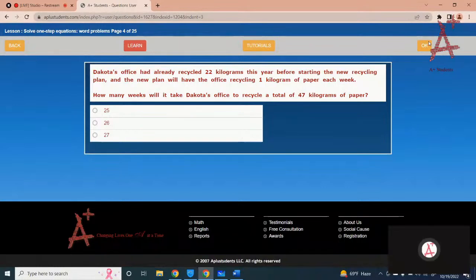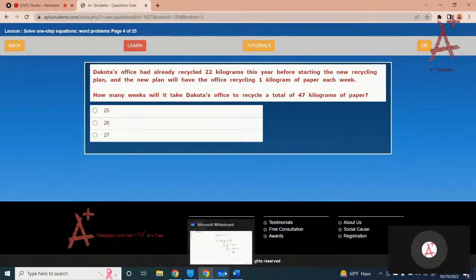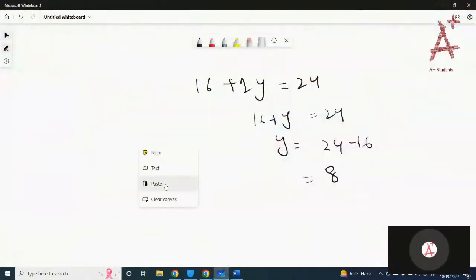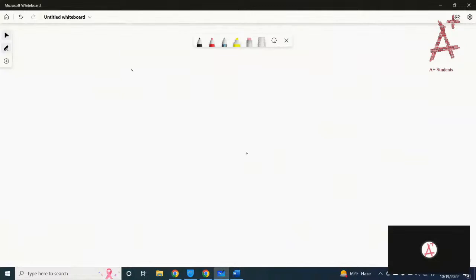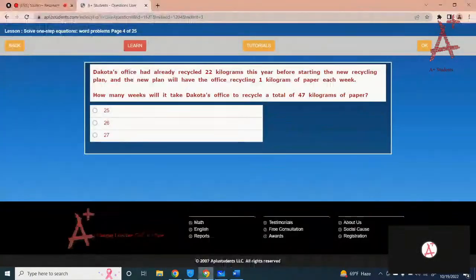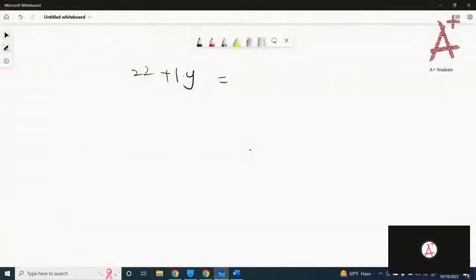How many weeks will it take Dakota's office to recycle a total of 47 kilograms of paper? So the equation is 22 plus 1 dot y equals 47. So you have to find the value of y.